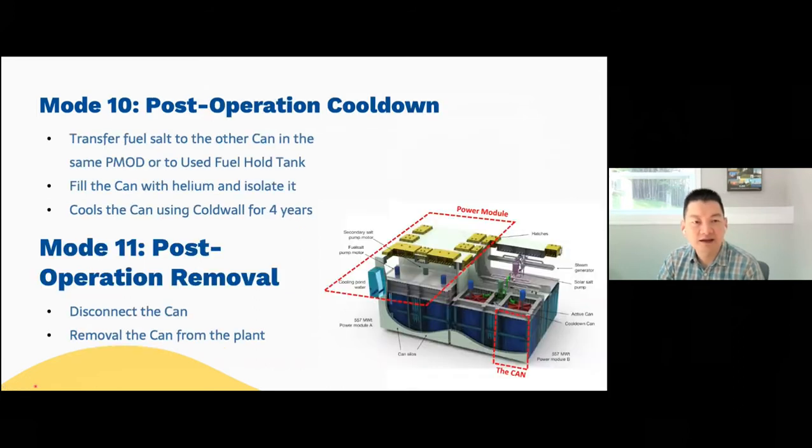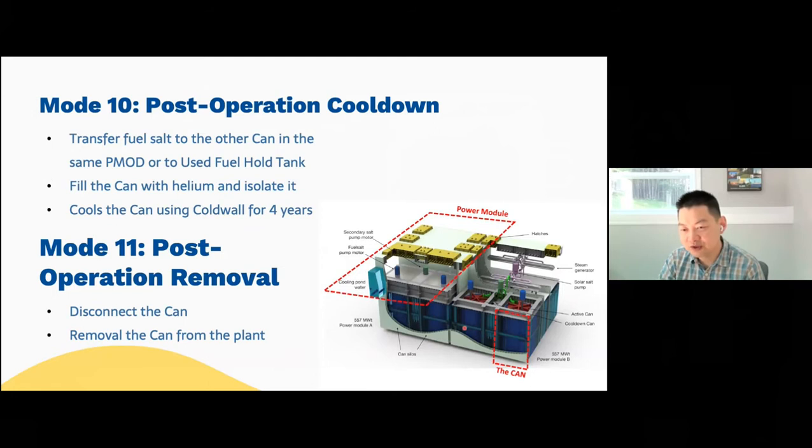Then in mode 10, we want to drain the fuel salt, or transfer the fuel salt, out of the fuel drain tank. We could either transfer it to another can, because there might be a new can coming in and the fuel salt can be reused.